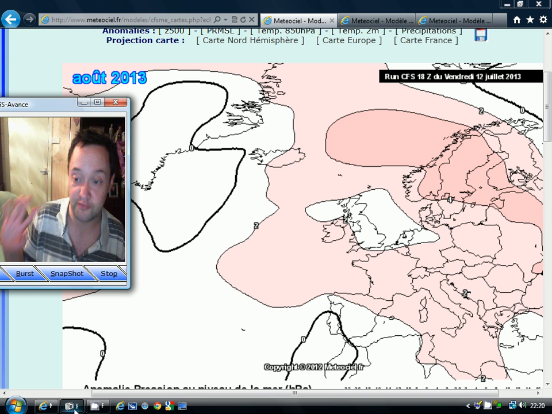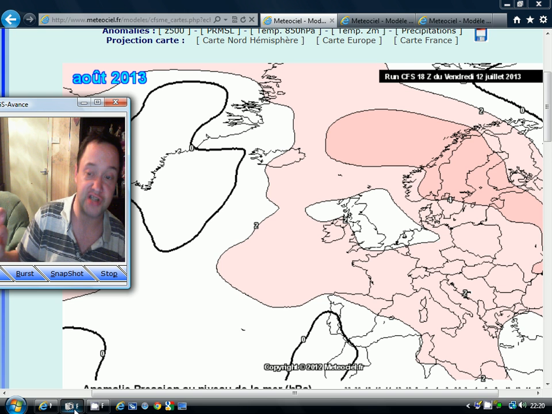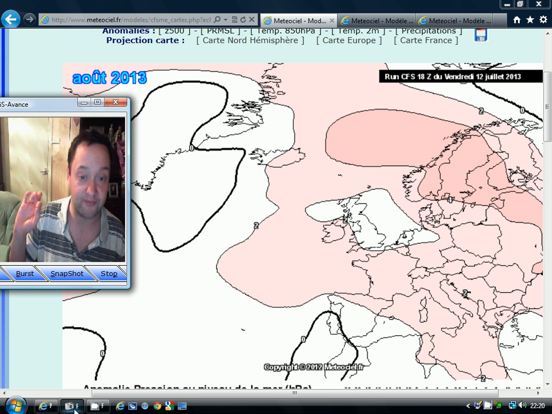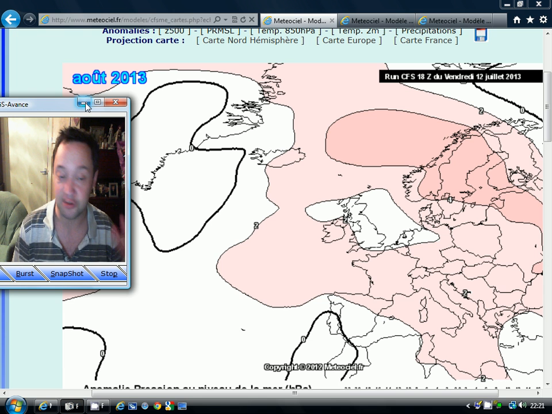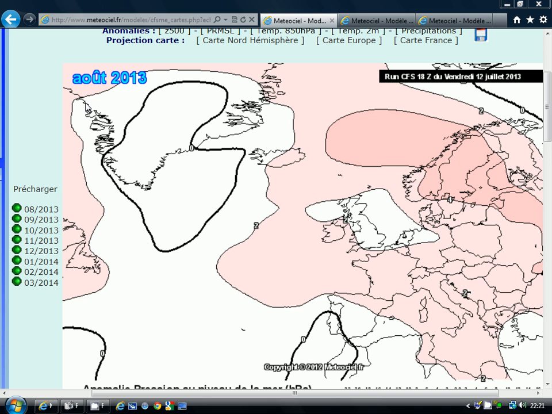This is just a quick snapshot of what the CFS model is showing at this particular time, 10:22 on Saturday, the 13th of July, but it will probably, particularly as we go further out, change quite a lot if you look on Sunday.